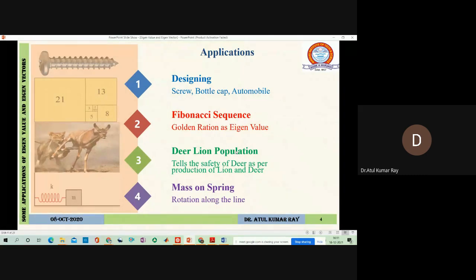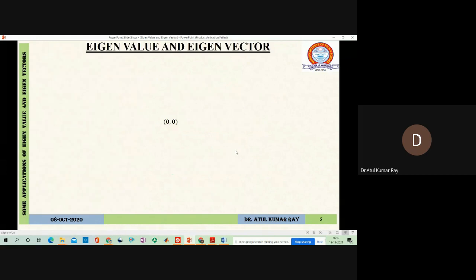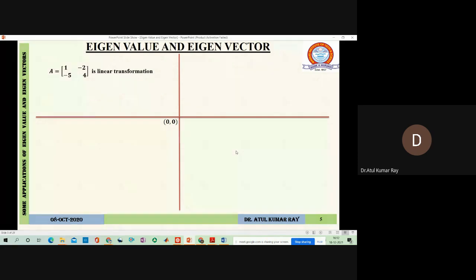These are the basic examples we see in our daily life, but there is also one research-related equation, an eigenvalue problem, that we will also solve. So suppose this is the x and y axis, and there is a linear transformation A, which is [1, -2; -5, 4].